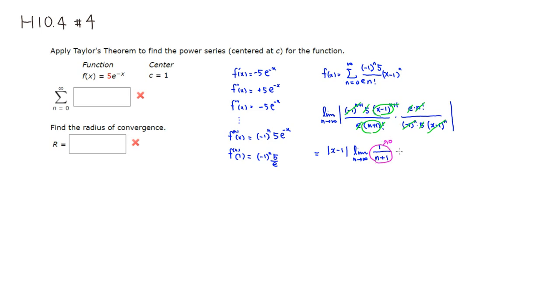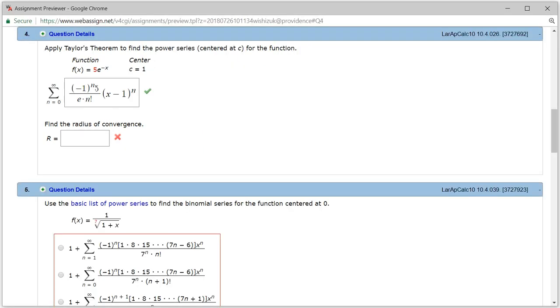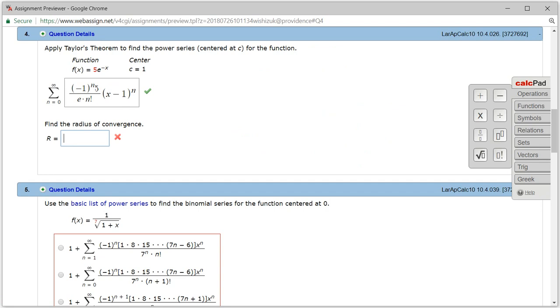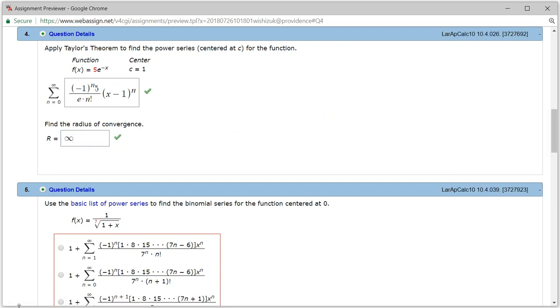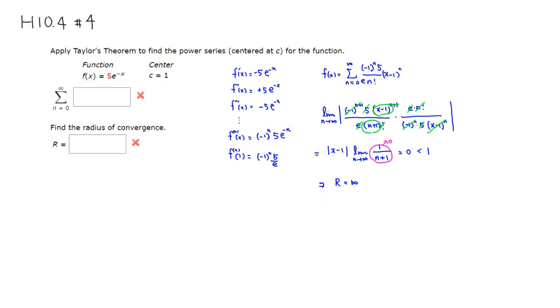So this is 0, which is less than 1 for any x value. So the radius of convergence is infinity. Let's type it in, and infinity. Let's check the answer. It came back and looks like we got this one correctly. That's it. I hope that this was clear.